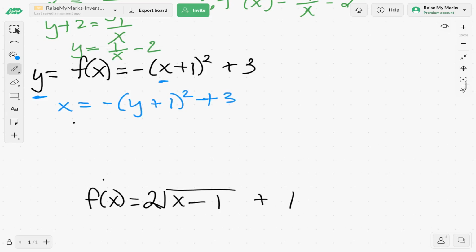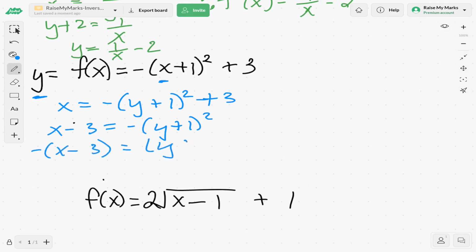And let's solve for y. All right, so let's see, we'll bring the 3 over to the left-hand side. We'll divide both sides by negative 1. Good. Now we need to somehow get rid of that square. So what's the opposite of taking the square of something?